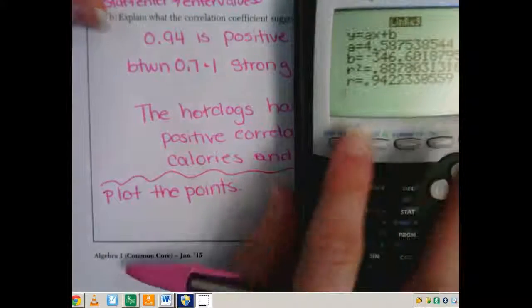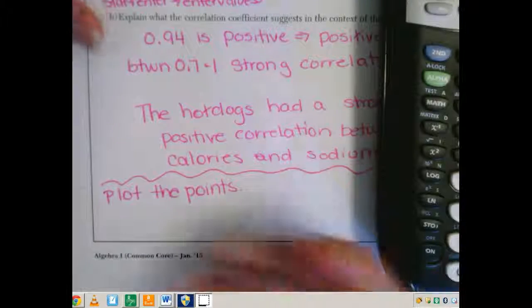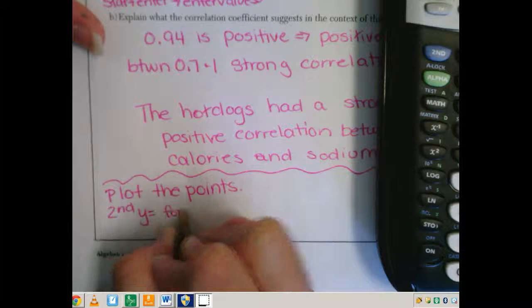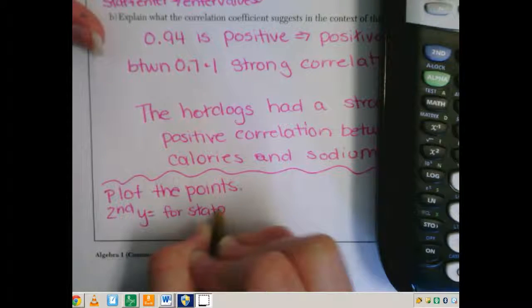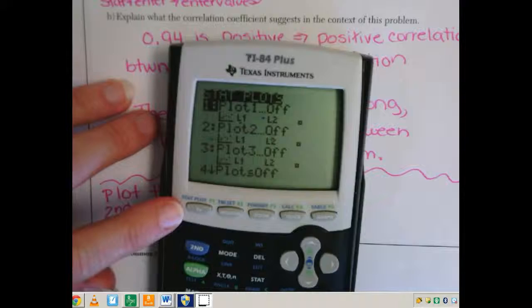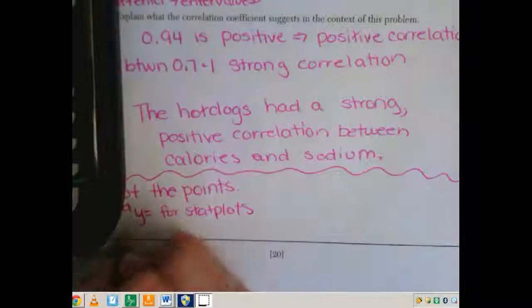We're going to hit second Y equals, and that puts us at stat plots. Now we need to hit enter to select the first one.